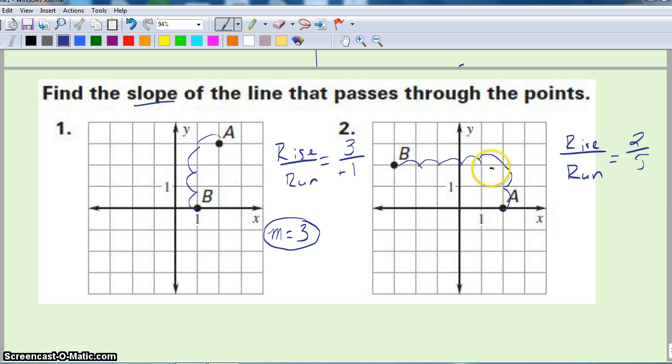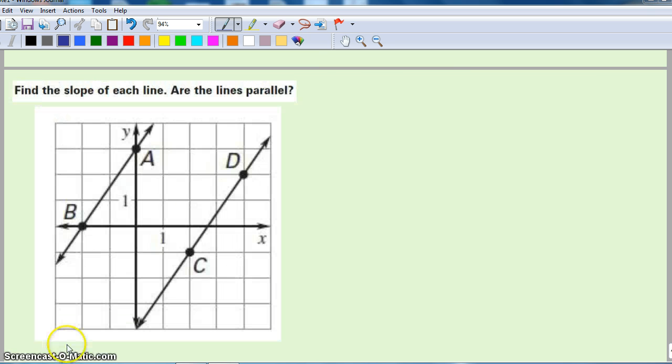And I went to the left, so that is negative. So my slope here is -2 over 5. Right? Now let's try some when they're not on graphs, and you can't use the shortcut method of rise over run.